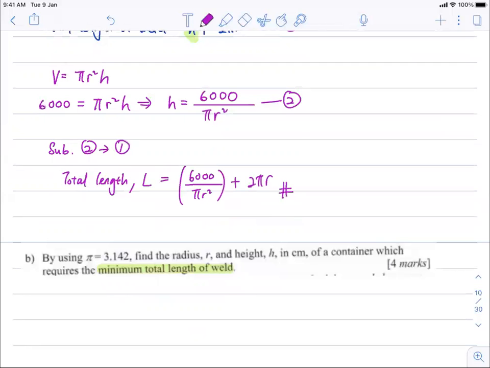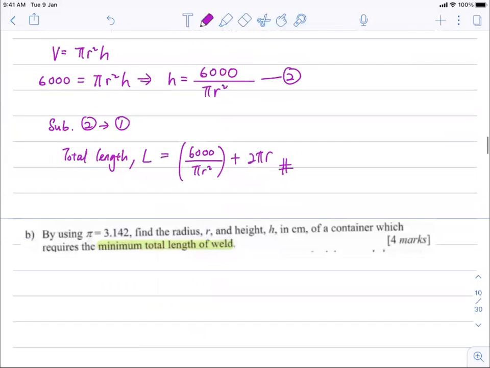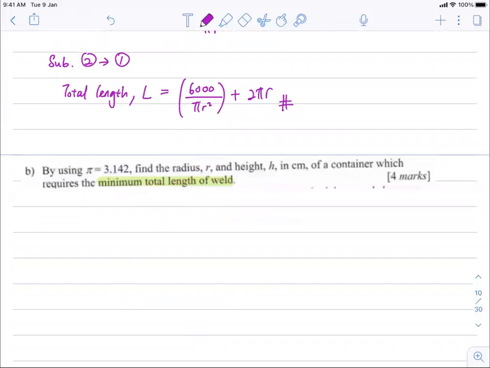Now let us move on to part B. Part B asks us to find what is the radius and what is the height if we want the total length to be minimum. So the keyword is minimum.